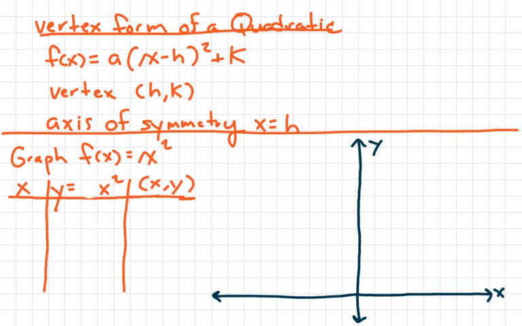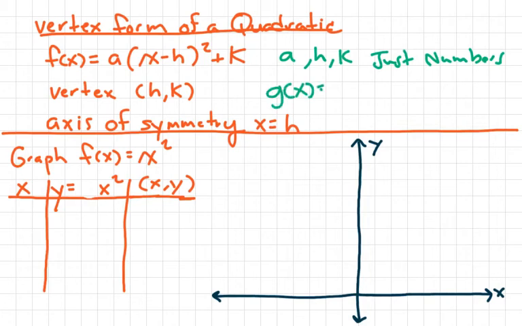Okay, so things to remember: a, h, and k, they're just numbers. Nothing to be scared about. Like, I'll give you an example. G of x is equal to 5 times x minus 2 squared minus 7, okay?